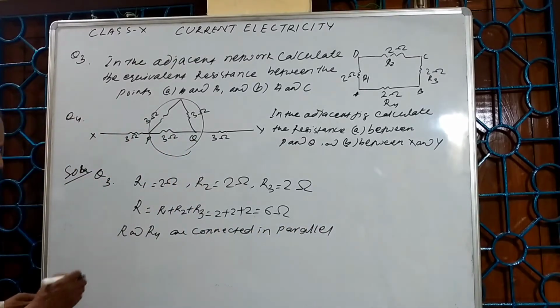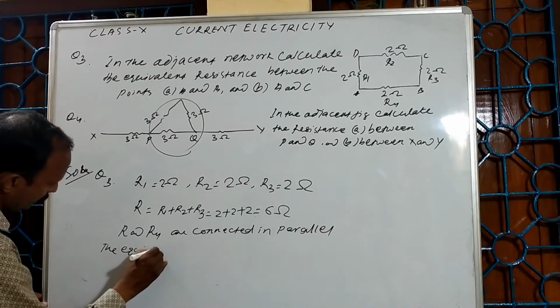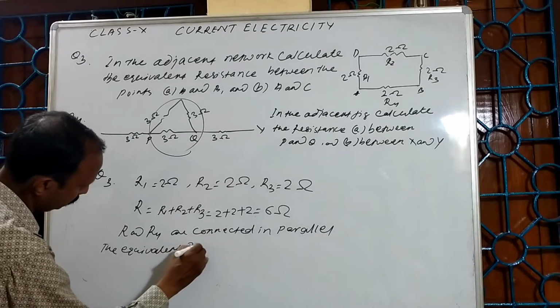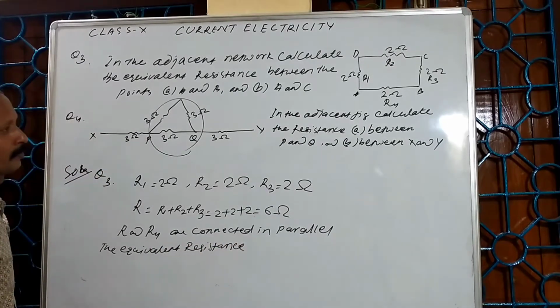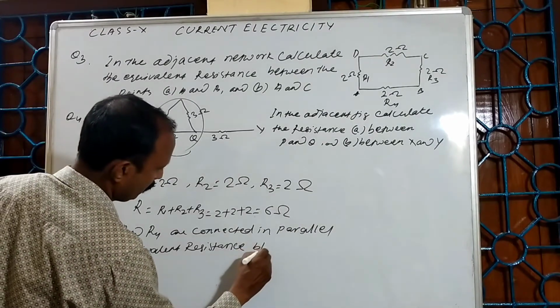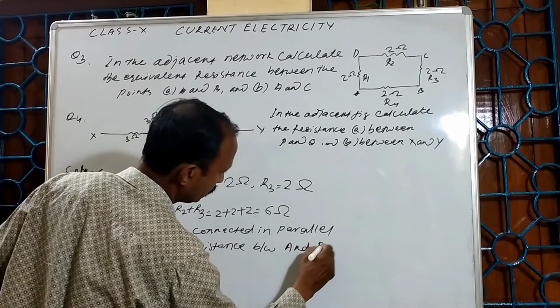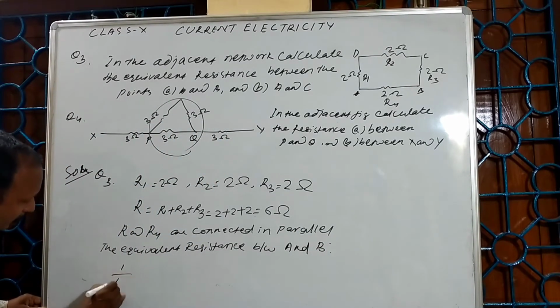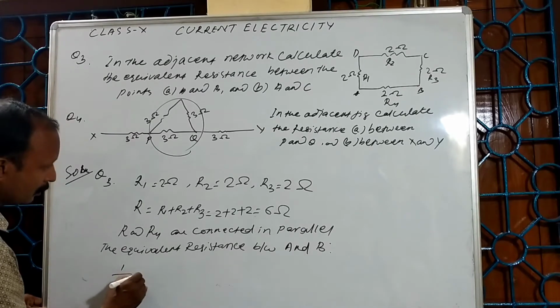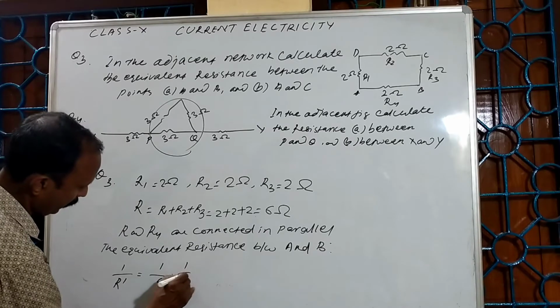So I can say that the equivalent resistance between A and B: 1 upon R dash is equal to 1 by 6 plus 1 by 2.